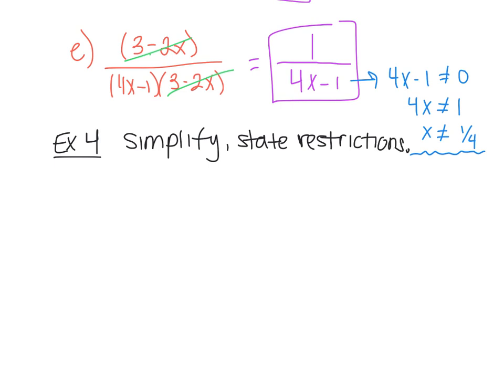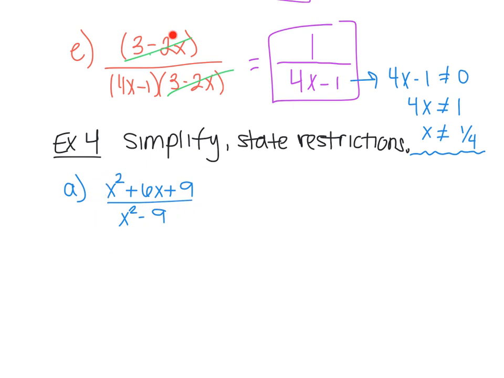All right, so for A, we've got x squared plus 6x plus 9 divided by x squared minus 9. Now already this problem looks different from the other ones we've done in this section because we don't have it in factored form.